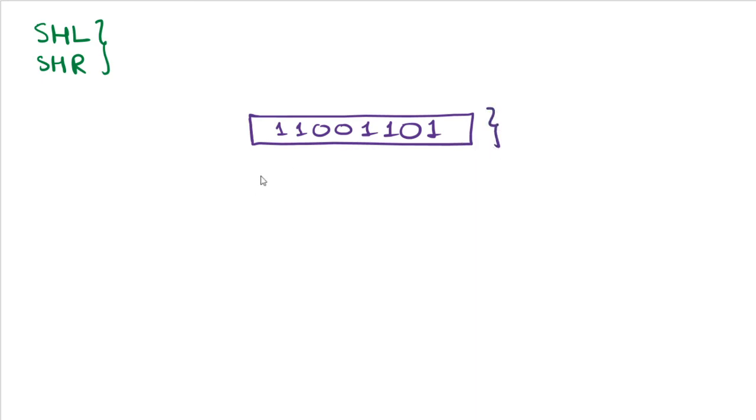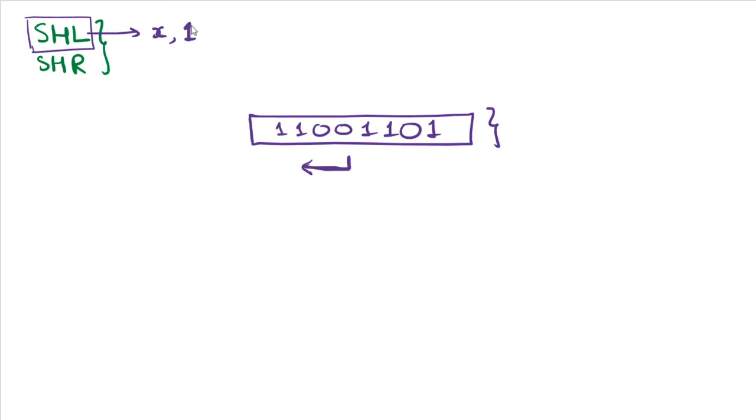Now when we do shift left, it means we shift each bit of this number one bit towards the left. Shift left has two parameters: one is the value, let's suppose x, and the other is the number of bits we require it to shift. Let's suppose for now it is 1.